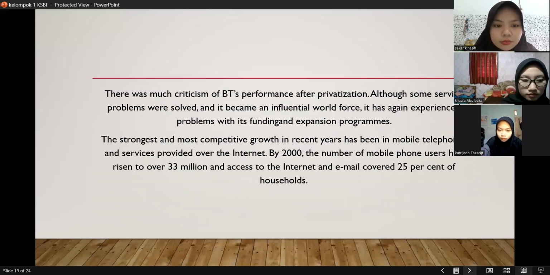Some service problems were solved and it became an influential workforce. It has again experienced problems with funding its expansion programs. The strongest and most competitive growth in recent years has been in mobile telephones and services for purposes of the internet.